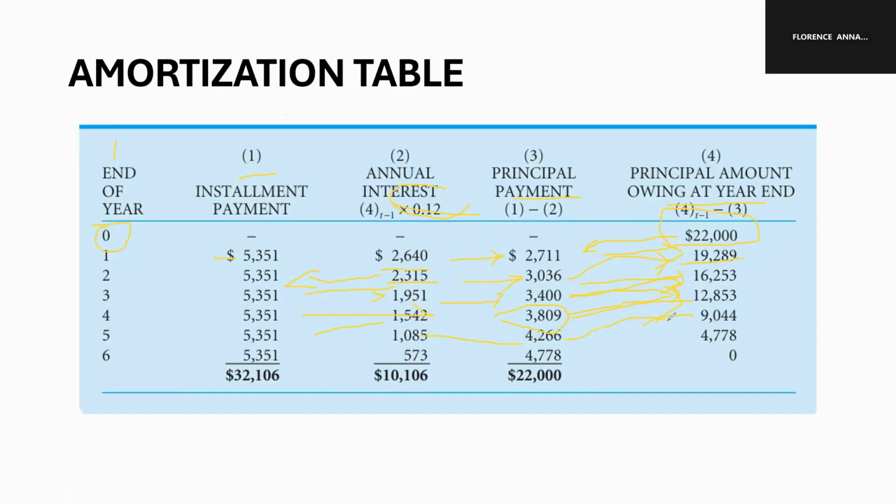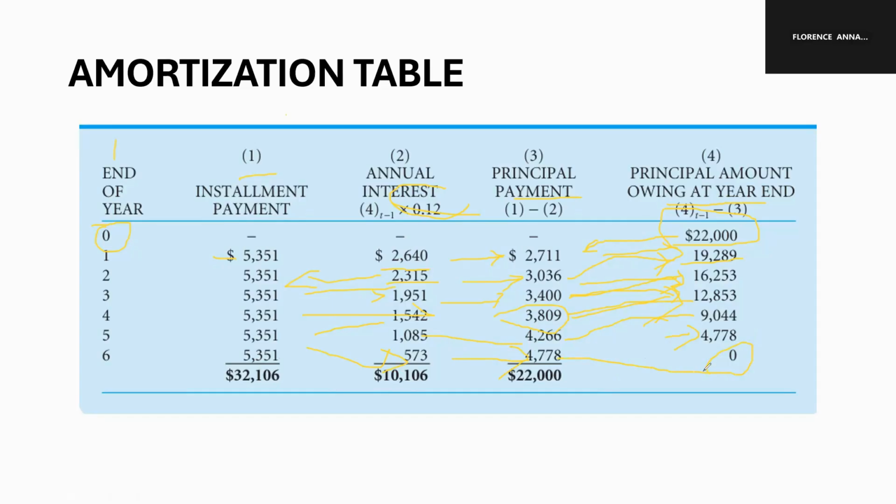Deduct that from 9,044, you'll get 4,778. 4,778 times 12%, you'll get 573. And deduct that from your installment payment, you'll get 4,778, leaving you with zero balance at the end of your loan period na 6 years.